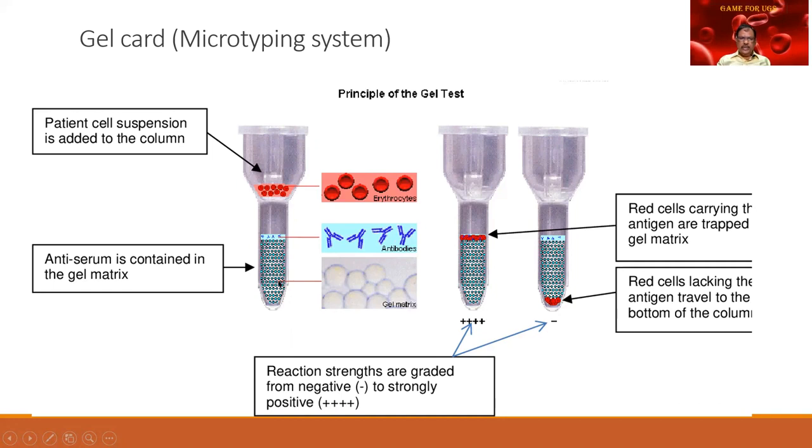So once it is there, there will be a clumping, and the reaction could be graded as mild to moderate, or it can be negative itself. When there is going to be a clumping, I am able to see the clumping of the RBCs. Otherwise, they settle down to the bottom. This is the gel card method used for microtyping of the blood groups. Extremely important, extremely sensitive.